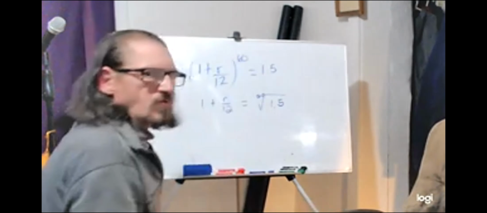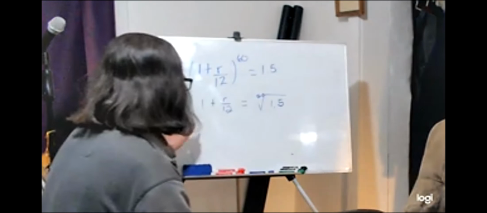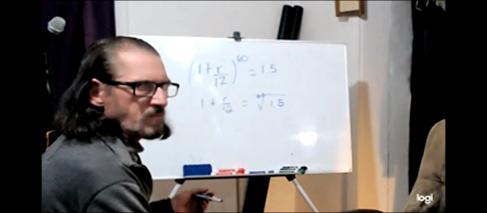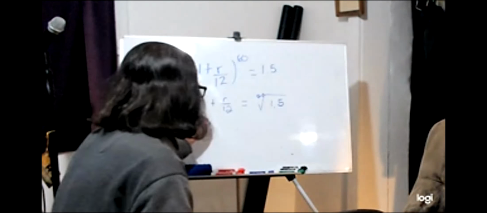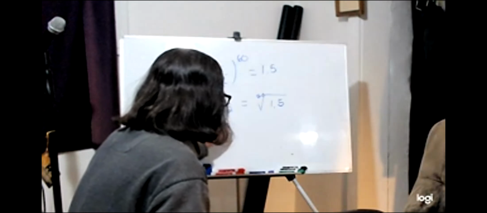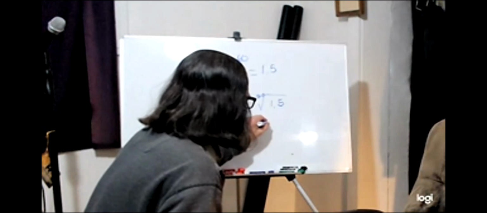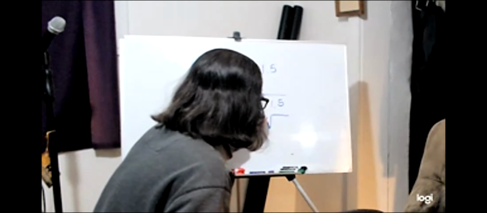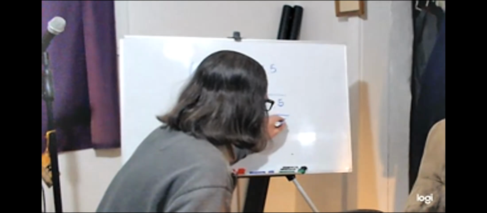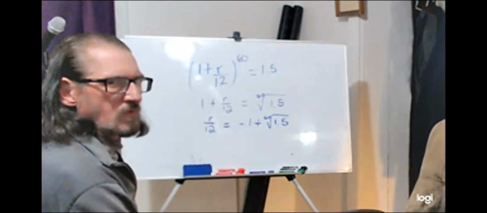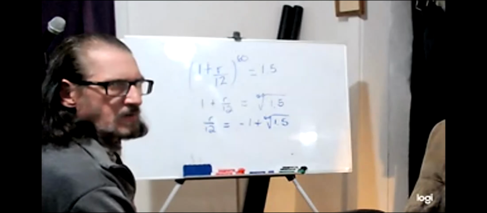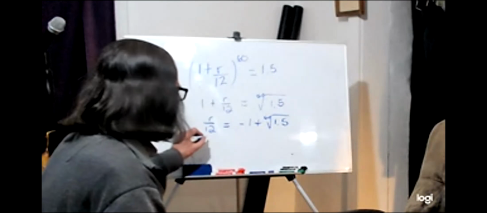Subtract the 1 from both sides. That would be the same as adding -1. -1 plus the 60th root of 1.5. And finally, to get the 12 out of the denominator, multiplying both sides by 12.